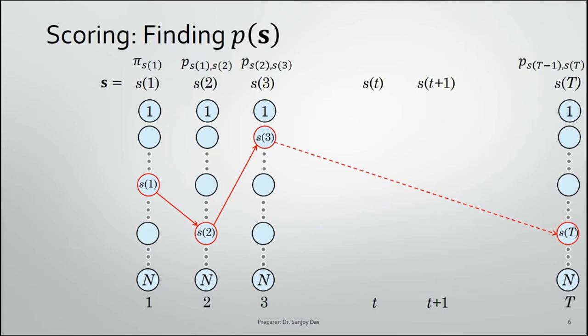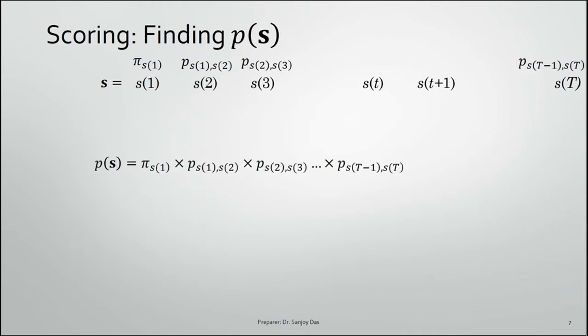And so we continue until the last state S T, with the last transition P S(T-1) S T. Therefore, the probability of P of S for any state sequence S is pi S1 times P S1 S2 times P S2 S3 all the way up to times P S(T-1) S T.